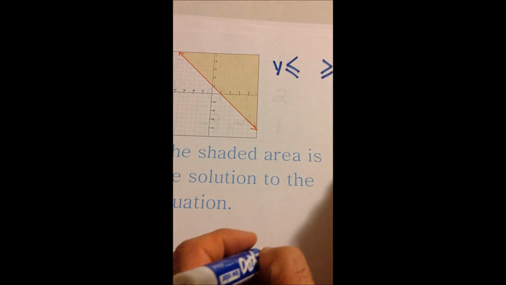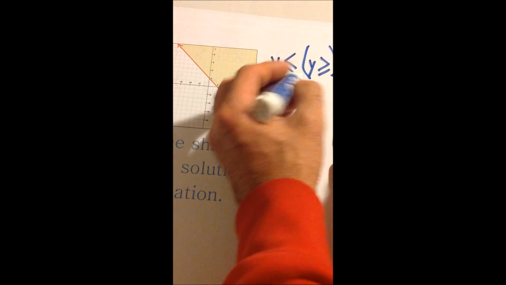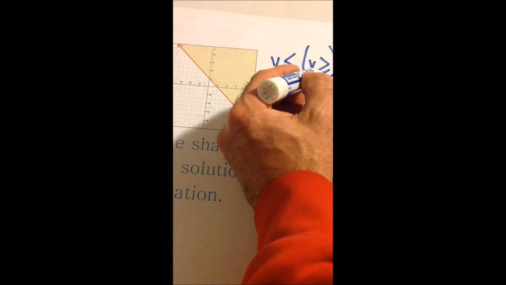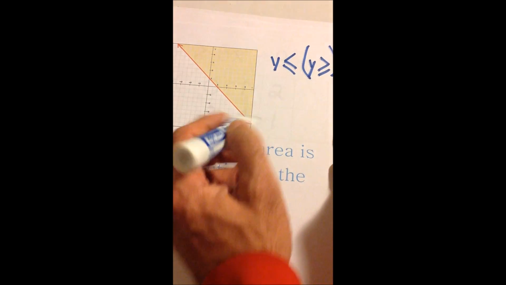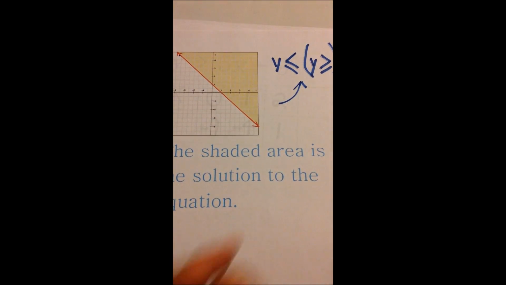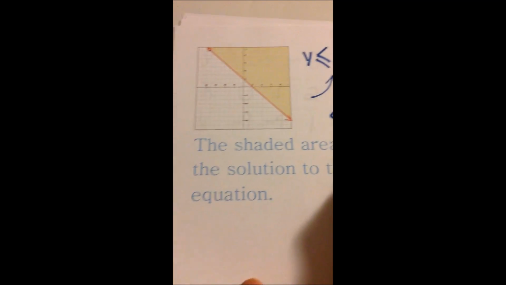So y could be less than or equal, or y could be greater than or equal. So remember, if it's a solid line, you're using these inequality signs because you can include the solution on the line. But if you see a dotted line, you'll use these inequality signs. Remember that.